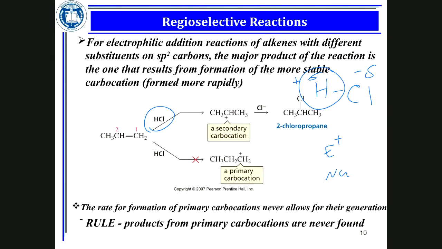The carbon that takes the hydrogen is going to make the other carbon take the positive charge. Also, these are like simple, baby sentences, a very simple way of talking about these reactions. Whichever of these two carbons takes the H plus, the other one would be positively charged.